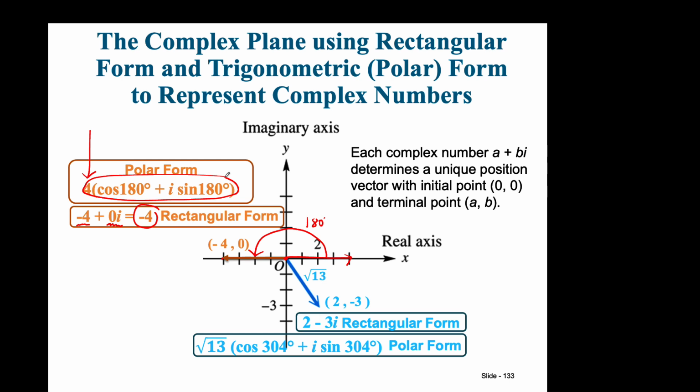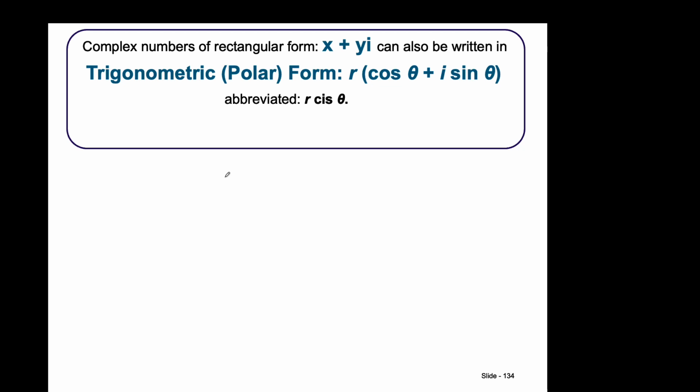Complex numbers of rectangular form, x plus yi, can also be written in trigonometric or polar form, r times cosine theta plus i sine theta. This is everything we just talked about in the last slide, but in general form. Now notice the polar form is a lot of writing. You have to write the r, the magnitude of the vector, the radius of the circle, the distance traveled from the origin, open parentheses, cosine of theta plus i sine of theta.